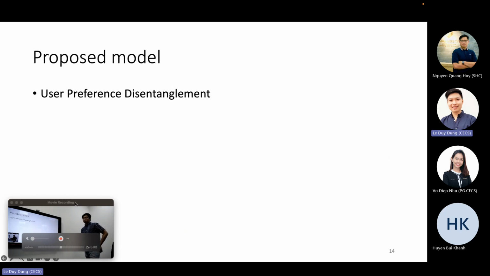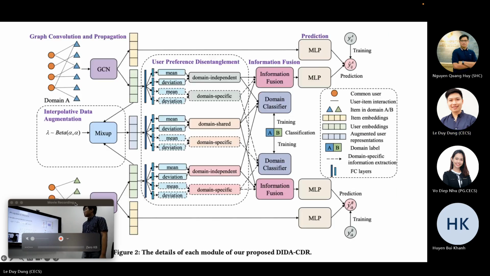User preference disentanglement. Because the framework is quite big, I wrote the first line about the framework. What this disentanglement does is take the user embedding from the mixup and the user embedding from the other domain.